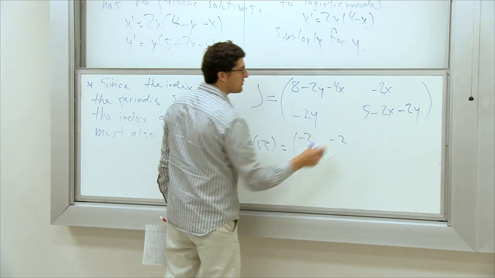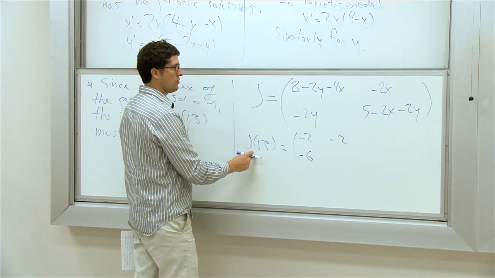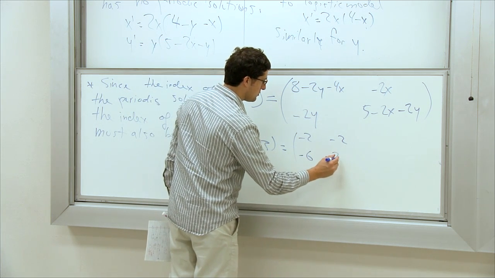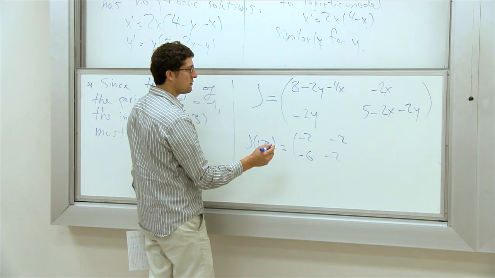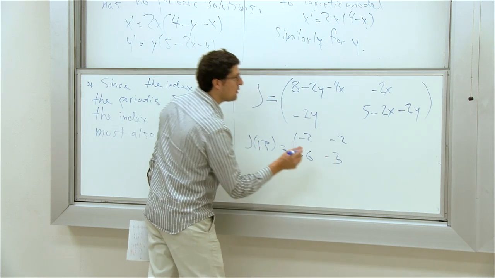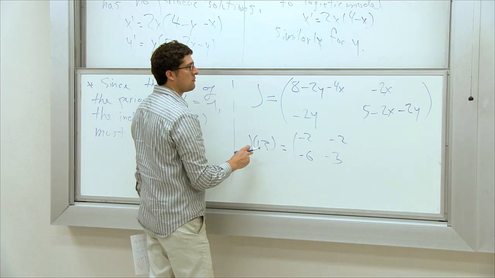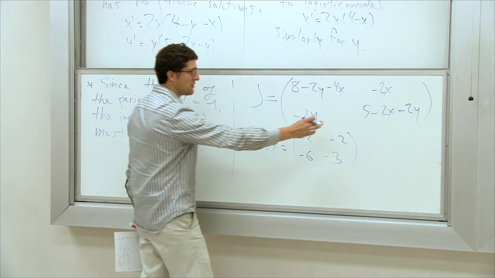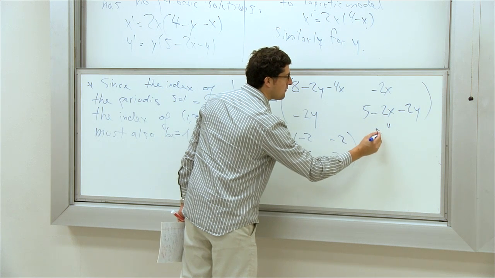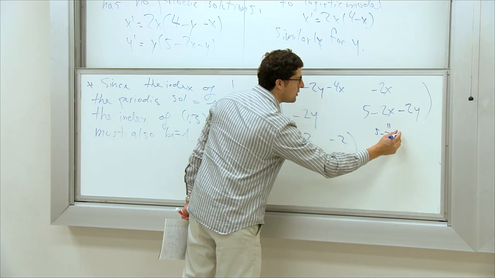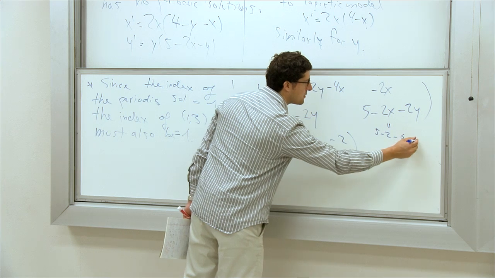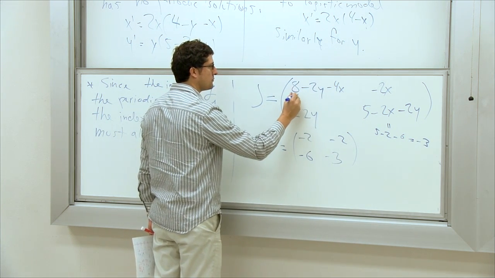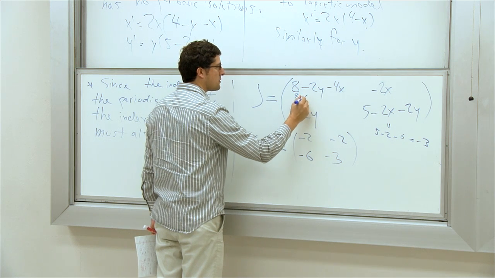And 5 minus 2 minus 6 is minus 3. Okay, so this is 5 minus 2 minus 6. And this guy here is 8 minus 6 minus 4.